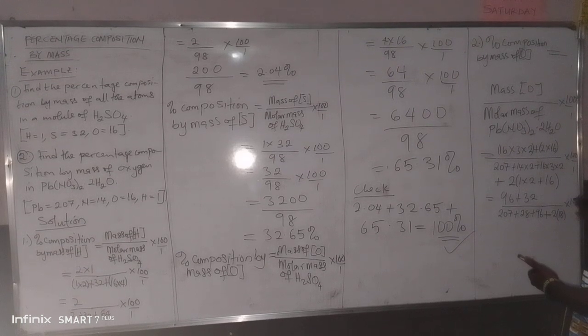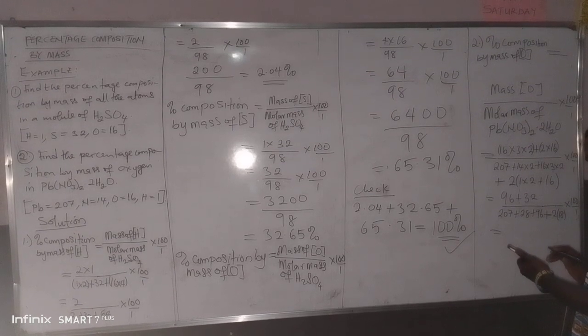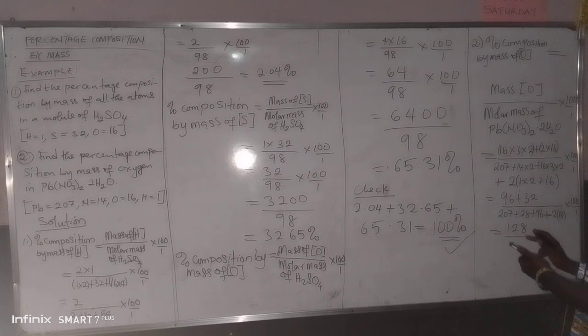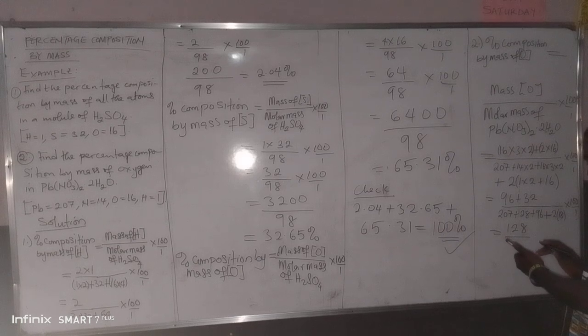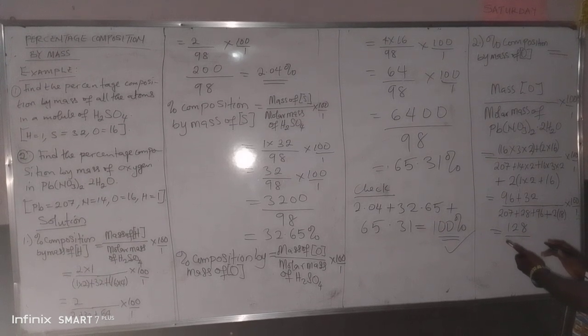Everything times 100/1. So 96 plus 32 gives me 128 over, let's add up these numbers. We have 207 plus 28 plus 96.